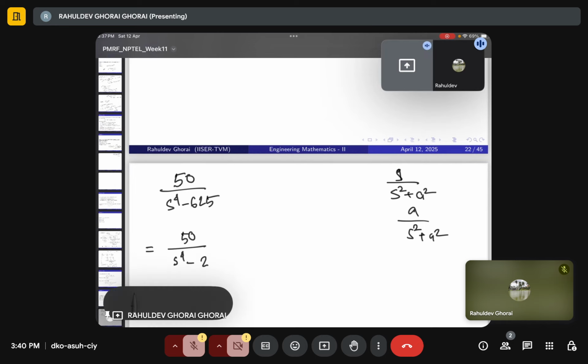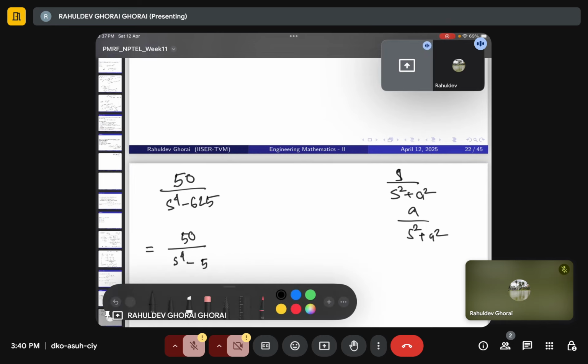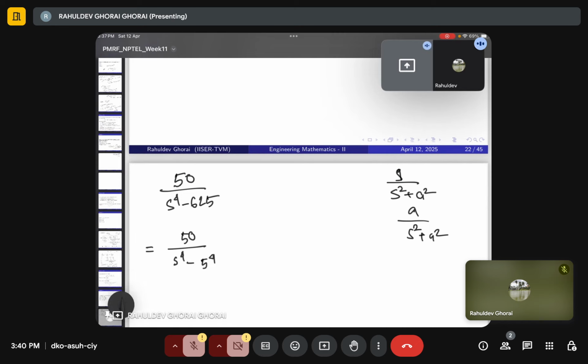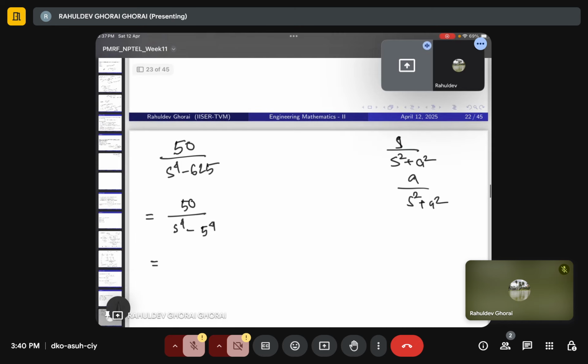Square means 5 to the power 4. So 5 to the power 4. Then what you can write? 50 over s square minus 5 square, s square plus 5 square.